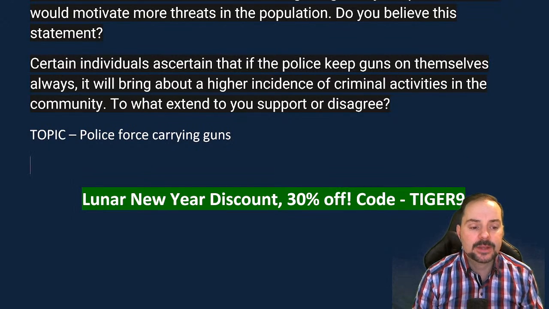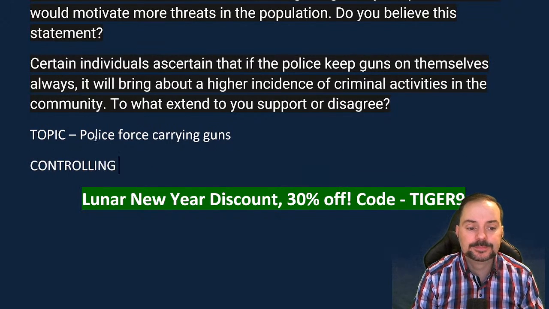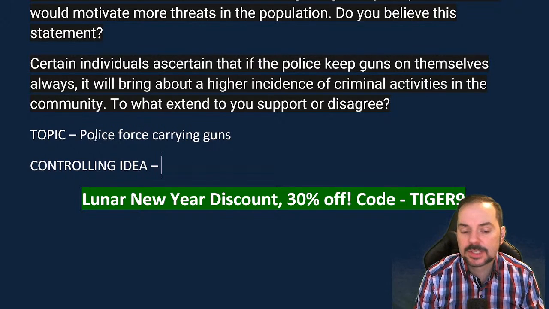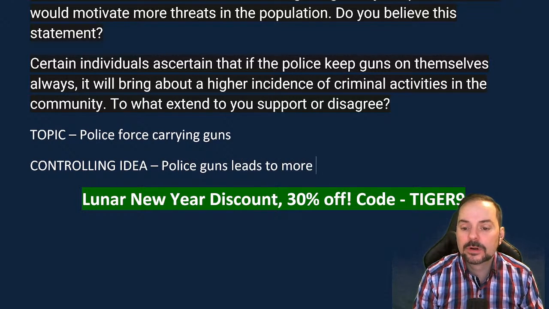And then the controlling idea is, does this lead to more violence? Instead of a question, let's do this as a statement. So police guns lead to more violence or not in the public.